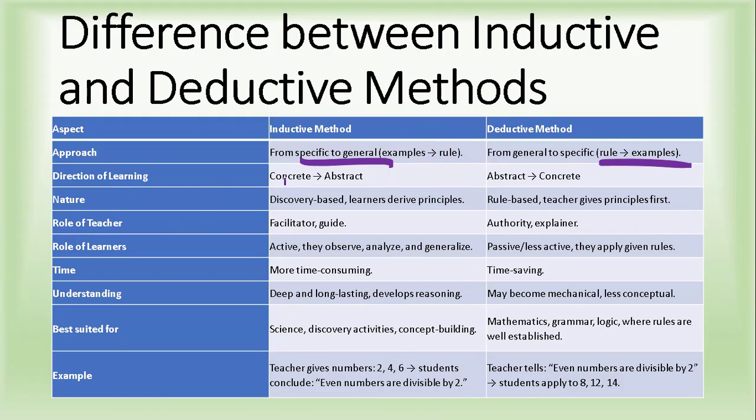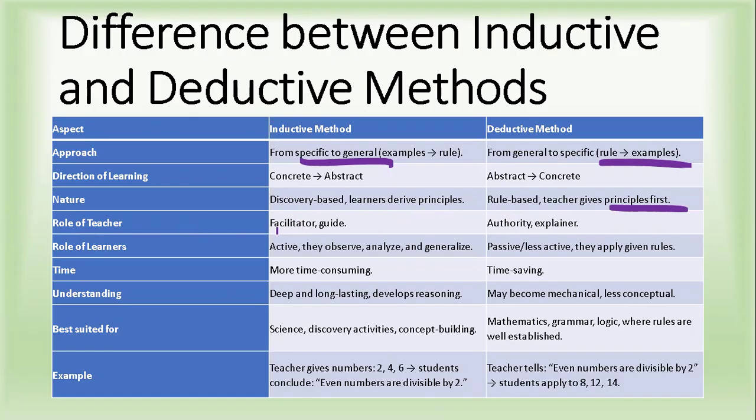In inductive method, concrete to abstract. Here, abstract to concrete. Nature of inductive method is discovery based. Learners derive principles. In deductive method, nature is rule based. Teacher gives principles first.